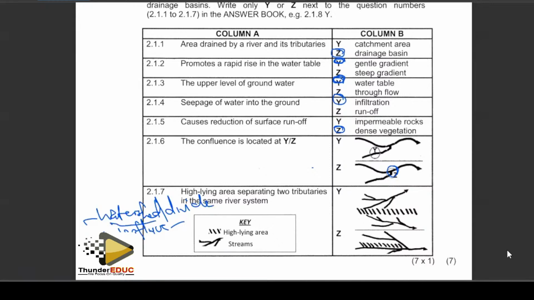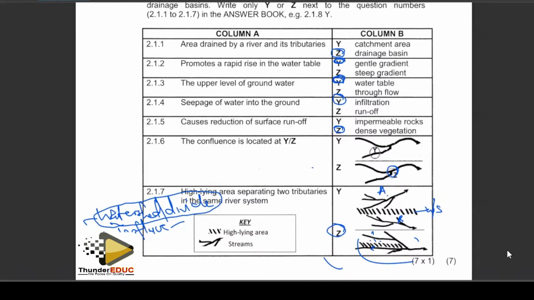Then a watershed completely separates two river systems or two drainage basins. So which one is a splitting of two streams within the same system? This one here. This is a watershed. It's separating this river system. It's river A on its own, river B on its own. But this is one river system with this high-lying area splitting tributary 1 from tributary 2. So it's Z as the correct response for that one.